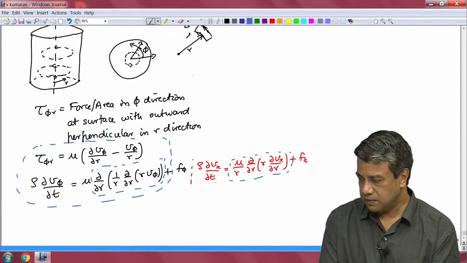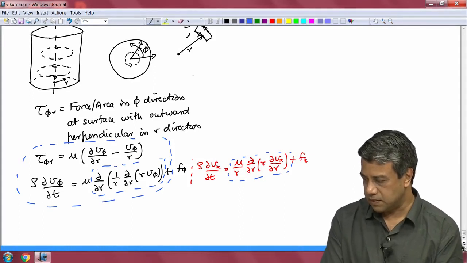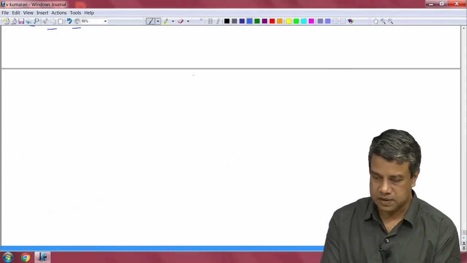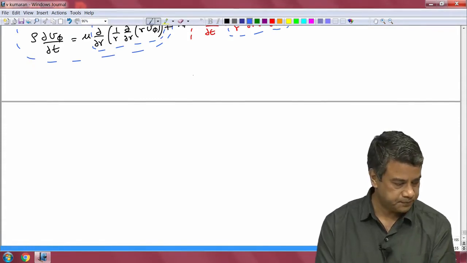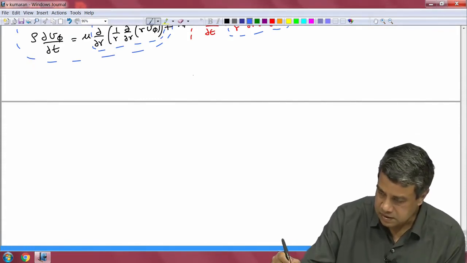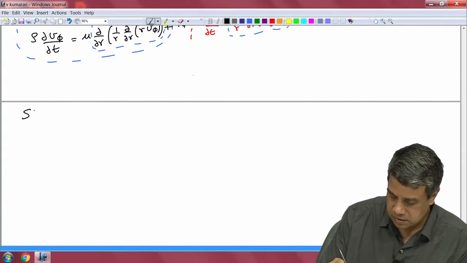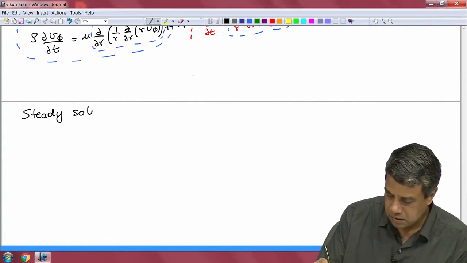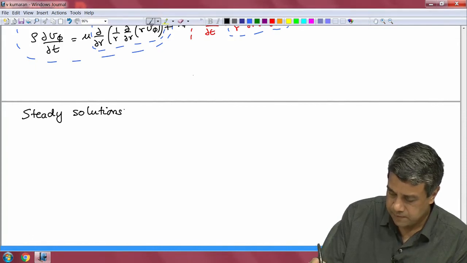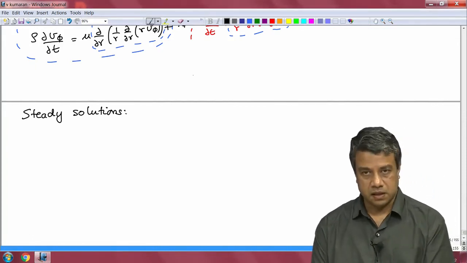So, now that we have got the conservation equations, we can start to consider problems in steady state transport. First, let us consider steady solutions in cylindrical coordinates.